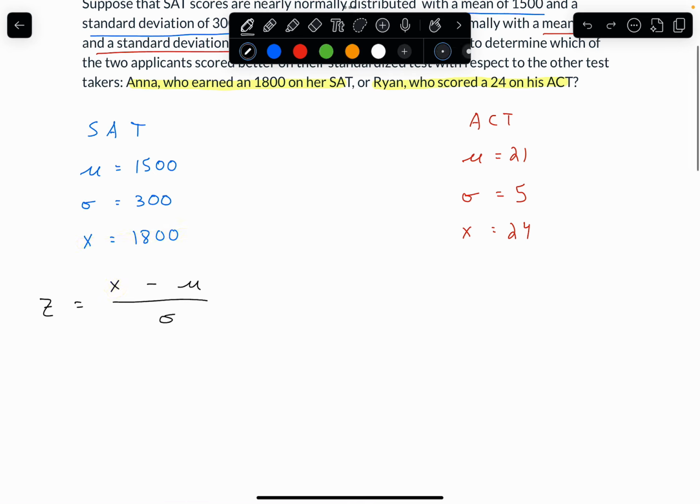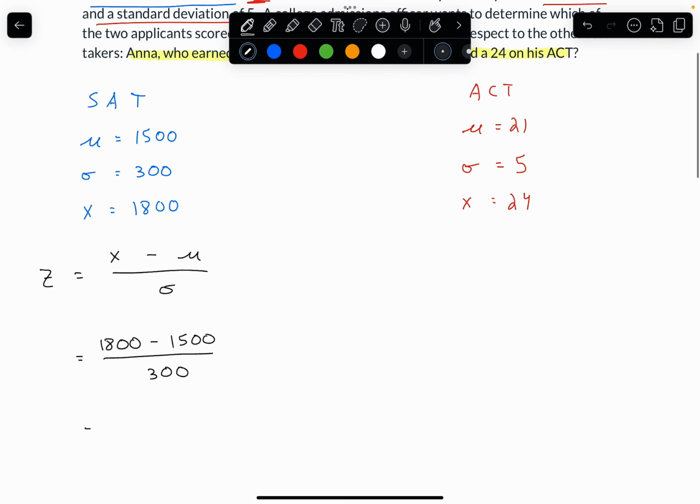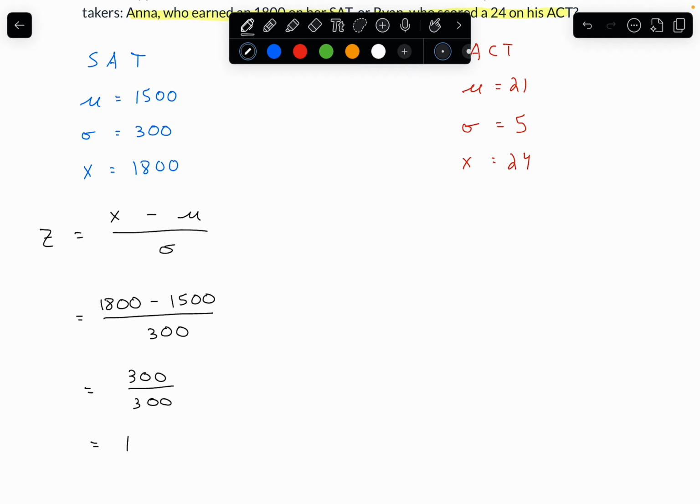So I have 1,800 minus my mean of 1,500, divided by my standard deviation of 300. If we remember order of operations, first we subtract in the numerator, so I should have 300 divided by 300, which gives me exactly 1. So my z-score is equal to 1.